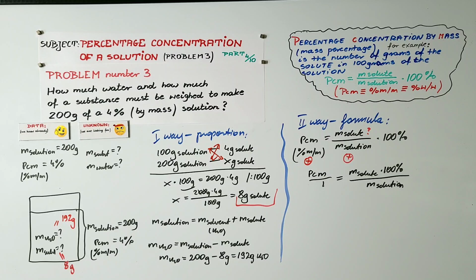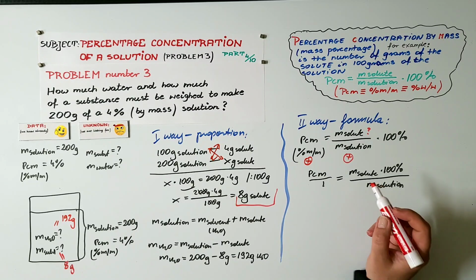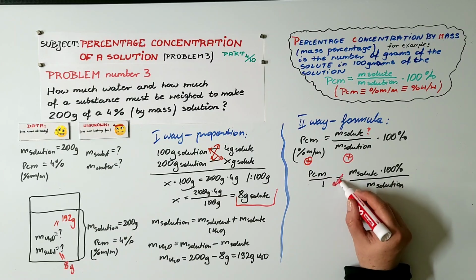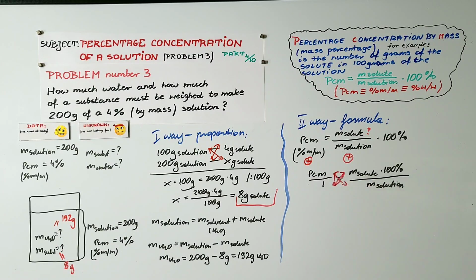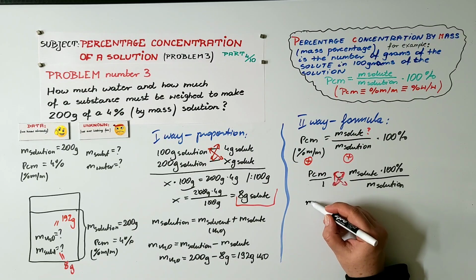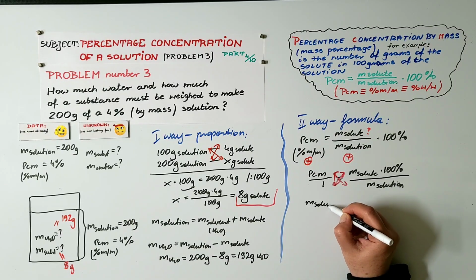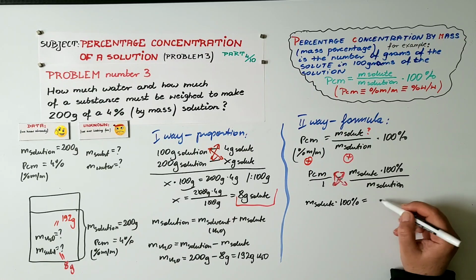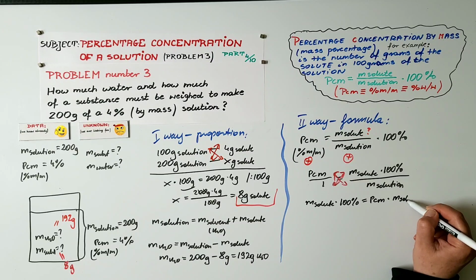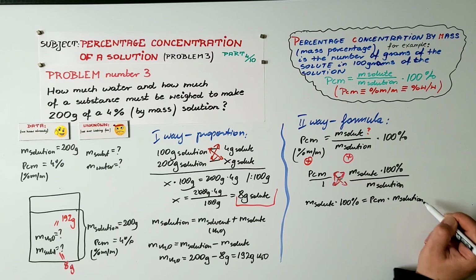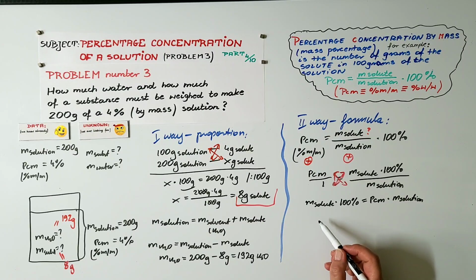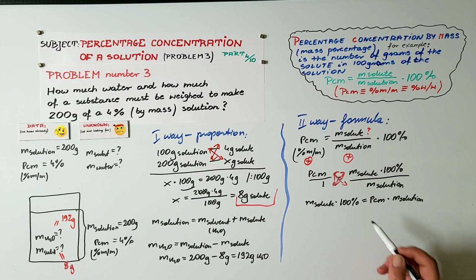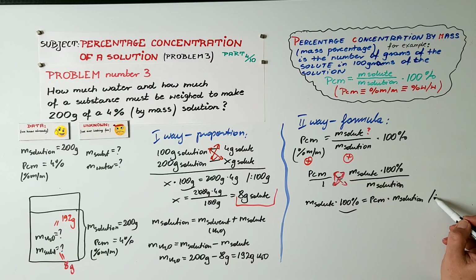So we calculate mass of solute by cross multiplying. So mass of solute times 100% equals PCM times mass of solution. To solve for mass of solute, we need to divide both sides by 100%.